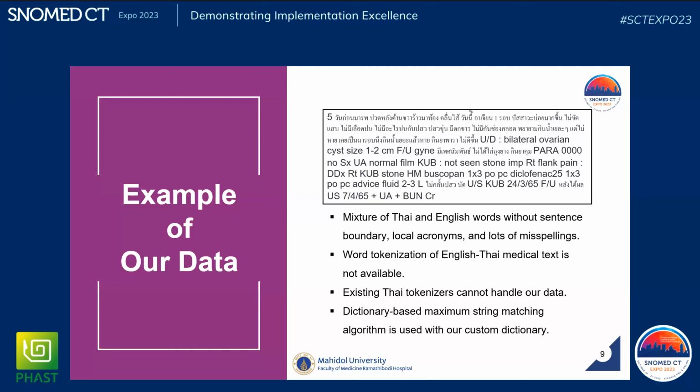I don't think you can understand this, but it has no sentence boundary, lots of local acronyms, and lots of misspellings, both Thai and English. And word tokenization of Thai and English medical text is non-existent.